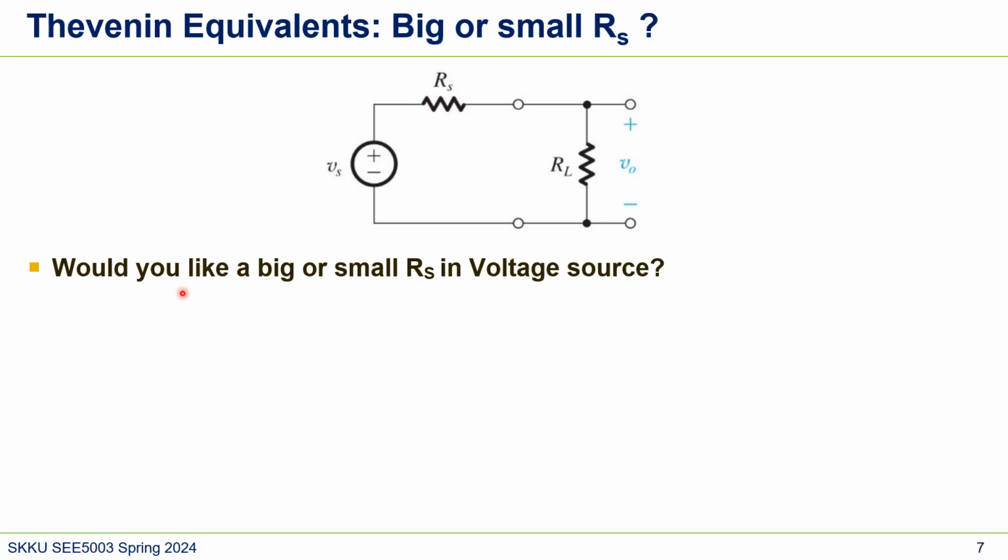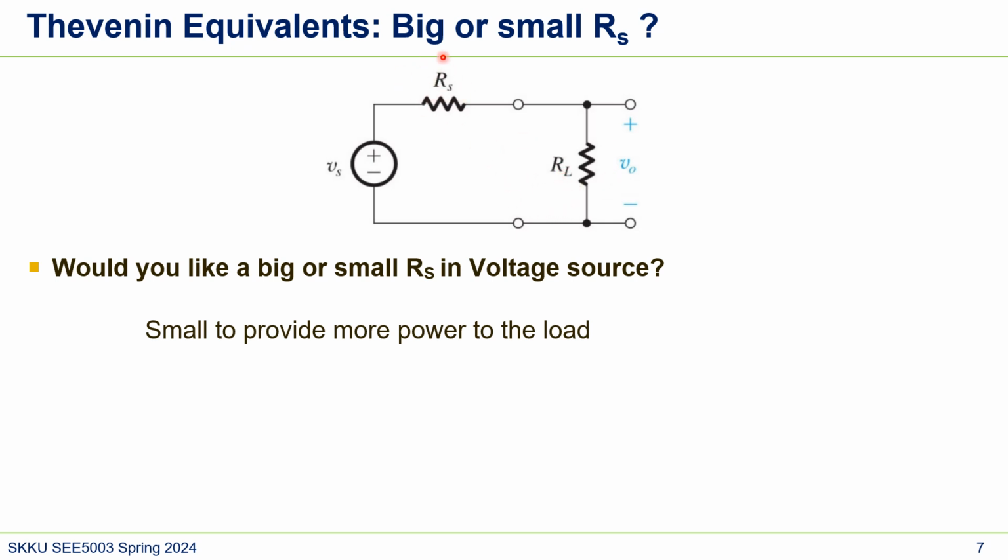And this is a side question. Assuming that this is a voltage source and you want to provide some power to the output load, would you like big Rs or small Rs? The answer is small. We want a small Rs input resistor because we want to provide more power to RL, because in the previous slide, the output voltage here is represented as the voltage divider.